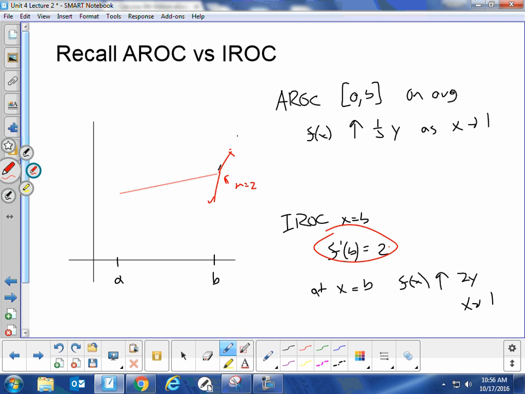Because this is a positive value, then we would say at that moment, my y's are going up. Just like over an interval, my y's went up on average. At a specific spot, we know I'm going up. Or if this value is negative, I know I'd be going down. So the sign of my derivative tells me if I'm going up or down.